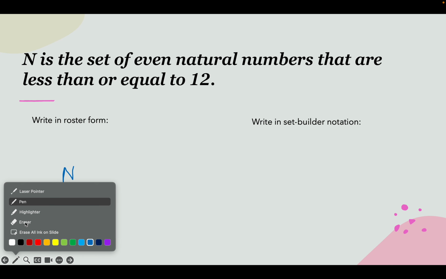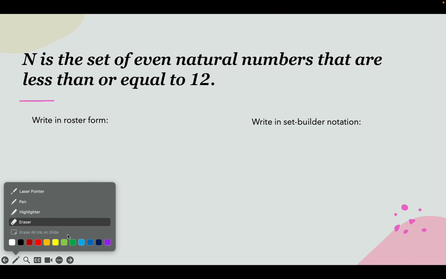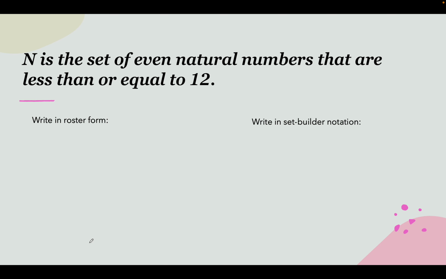I want to erase that, because if I'm putting it in roster form, I was going to just translate the inequality. If I'm going to put it in roster form, then I would do my funky little brackets as best you can. If you can only do parentheses, that's okay. Okay, I did it.